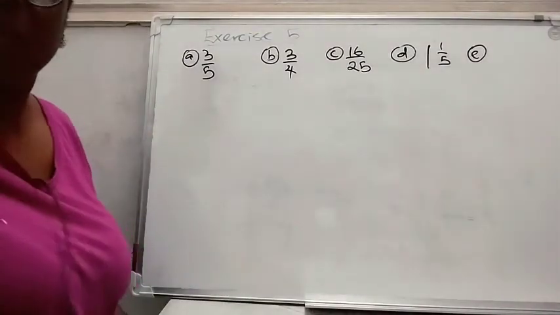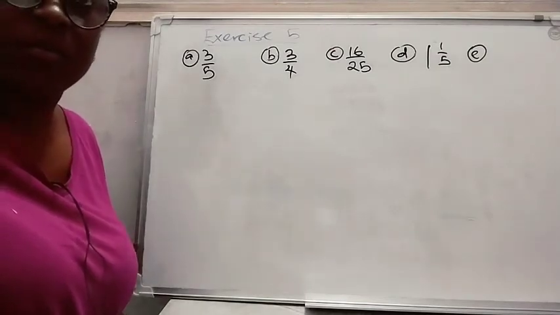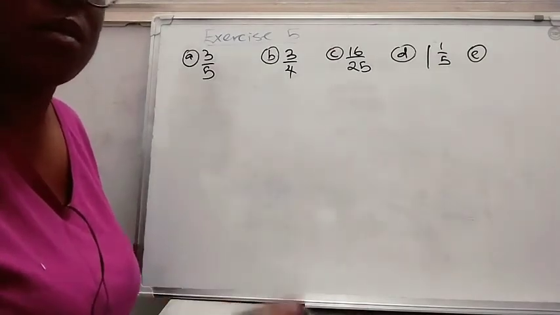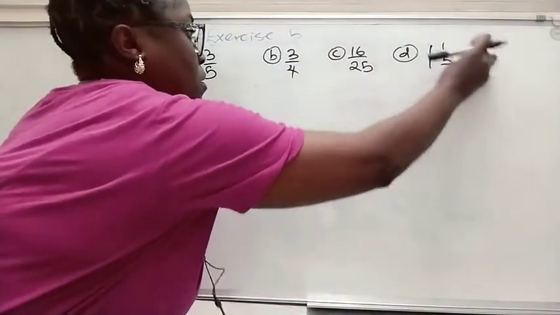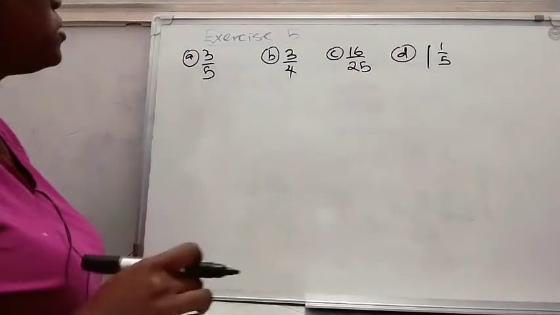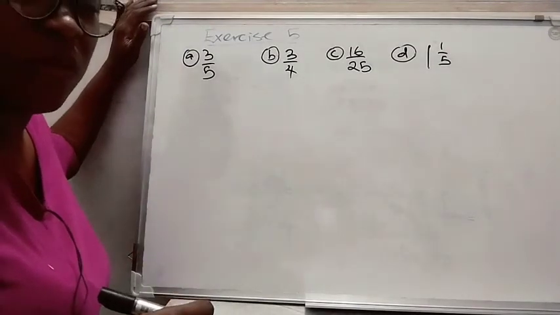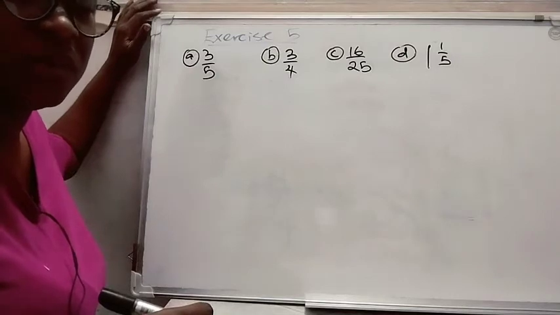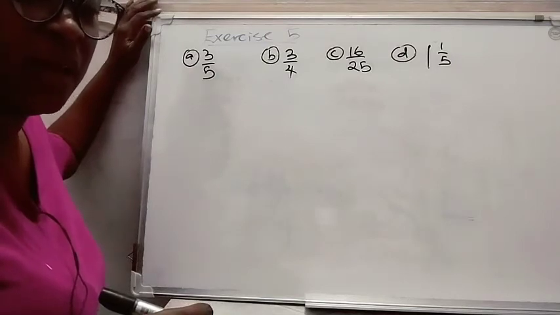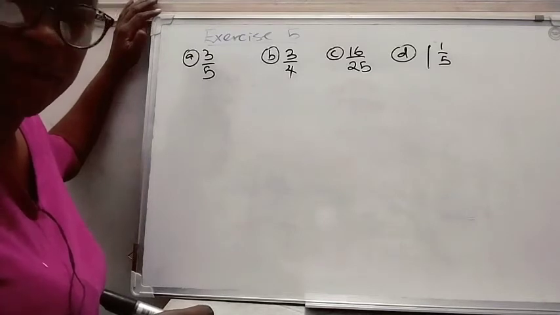Okay, that place will not be very good. Okay, let's just do these ones first. So the question says convert these proper fractions or mixed fractions, whatever they look like, to decimal fractions.